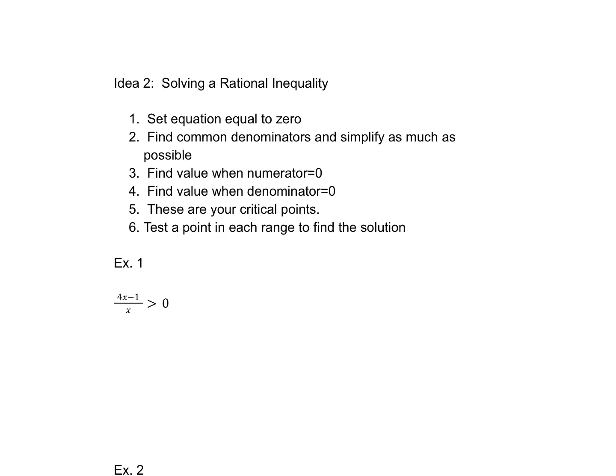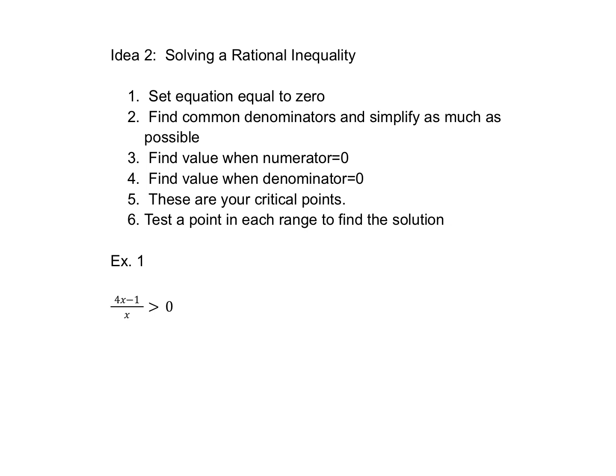Okay, so looking at these, the difference between the ones we are looking at here in this idea 2 versus the other ones is that now we have a rational inequality where we have an x in the numerator and an x in the denominator. So our steps are going to be similar, but they're going to look a little bit different. First, make sure it has 0 on one side.